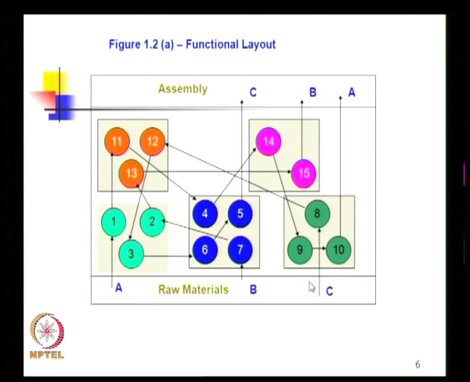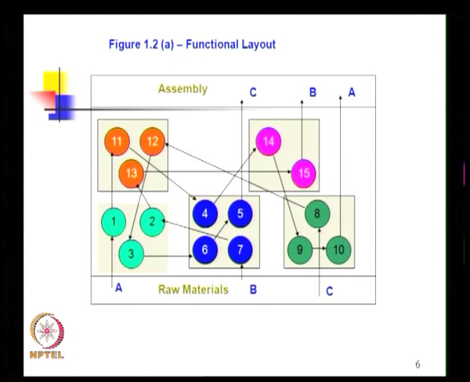Similarly, a part or component belonging to a group B, or a family B, or a typical part B, would start with 7, go to 2, go to 13, then go to 15 and then come out. Similarly, C would begin with 8, 12, 3, 6, 5 and it would come out. So, we have captured or shown how typically parts and components would move in a functional layout.